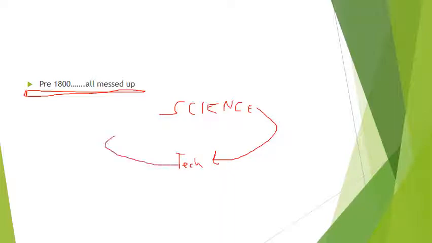So science discoveries take place, they lead to new technologies, and those technologies lead to new science. This is one of the reasons why we've got to keep on doing science.